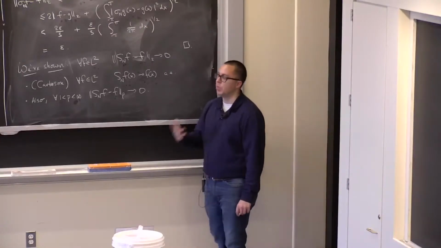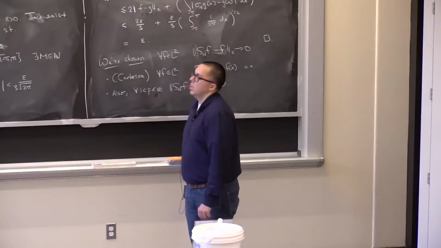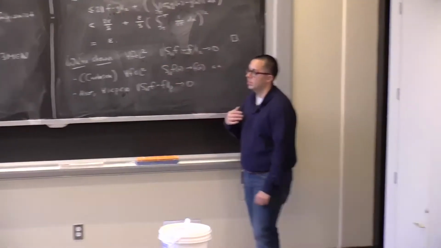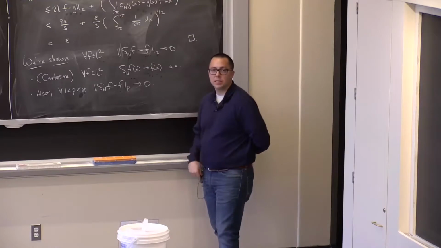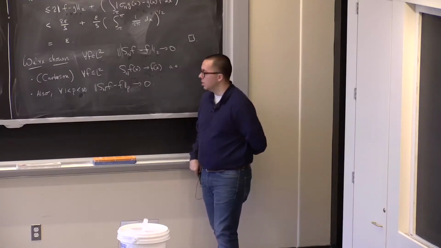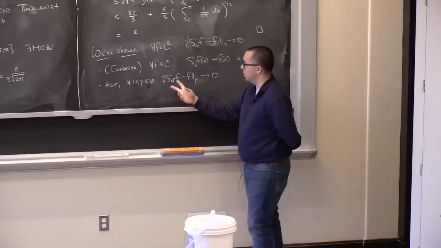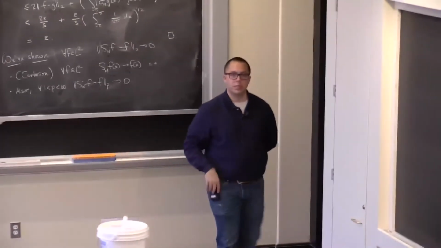You can come up with an L1 function whose Fourier series, I don't think I'm lying when I say this, diverges almost everywhere, I want to say. But for p equals 1, one can come up with an example where the partial sums diverge pointwise almost everywhere.